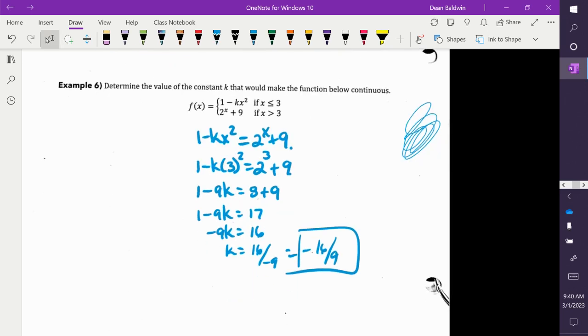Negative 16 over 9? Did I do my algebra right? I don't know if I did it right. Did I? I'm just looking for validation here. Okay, so if k is 16 over 9, then it's continuous. That's all you do for those types of questions. You just set them equal to each other and you solve. Are we okay?